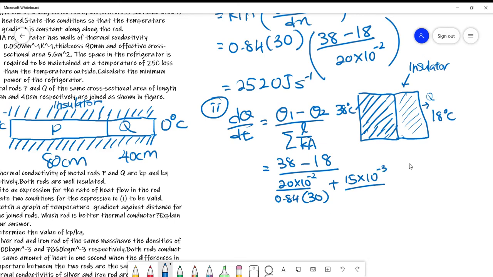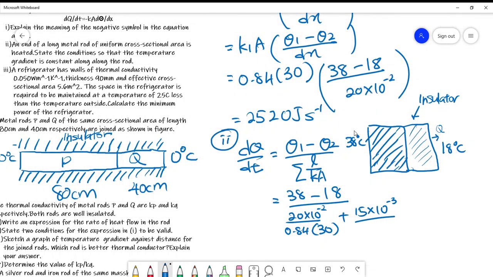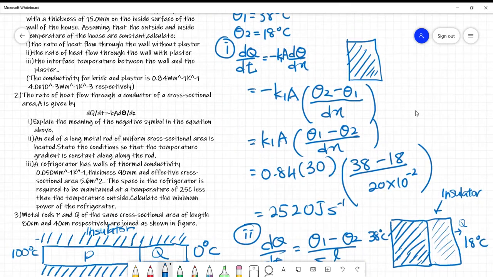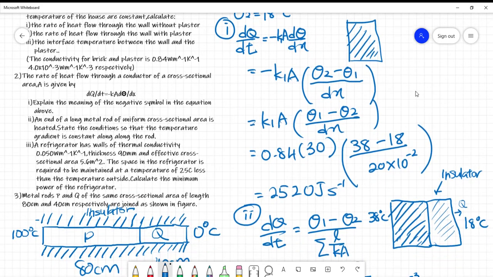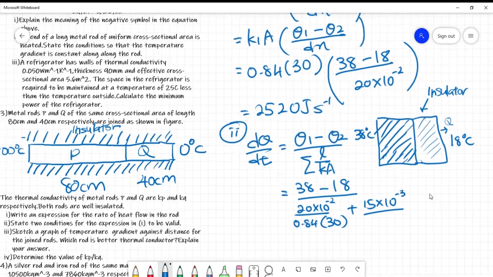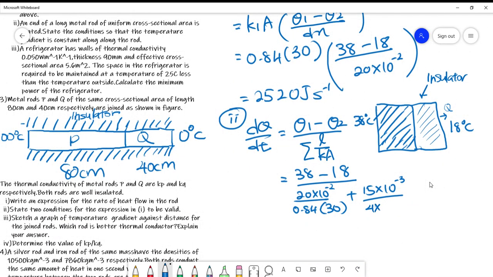So the thermal conductivity of the plaster basically is 4 times 10 to the power negative 3. The cross-sectional areas are the same, so this will be our final answer.